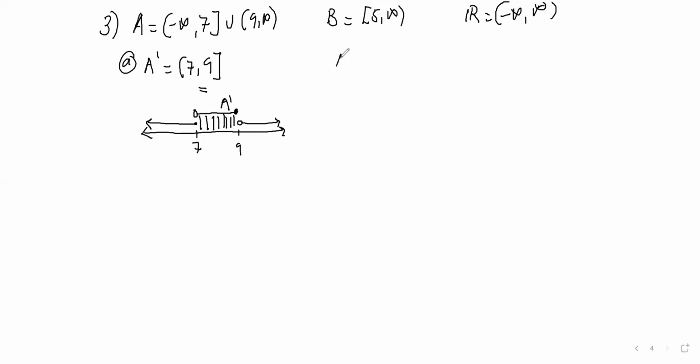So let's go to B. B is A union B complement. So let's get A union B. So we have this union this.